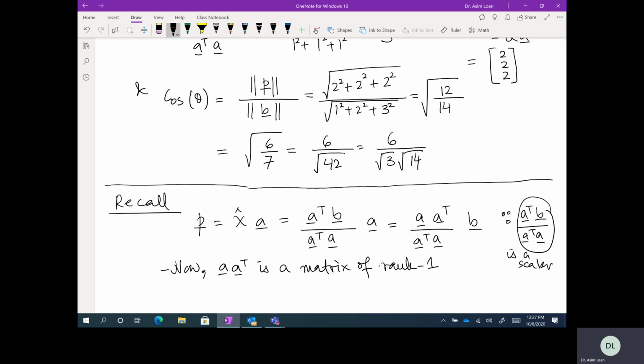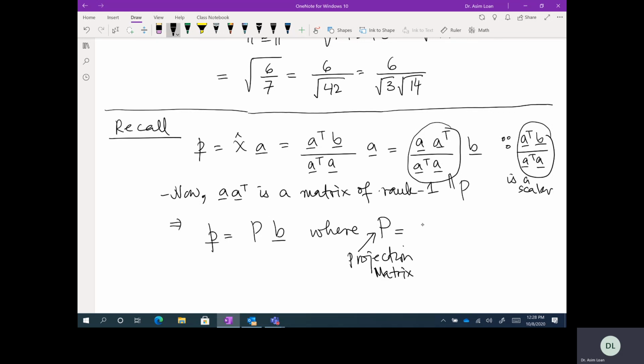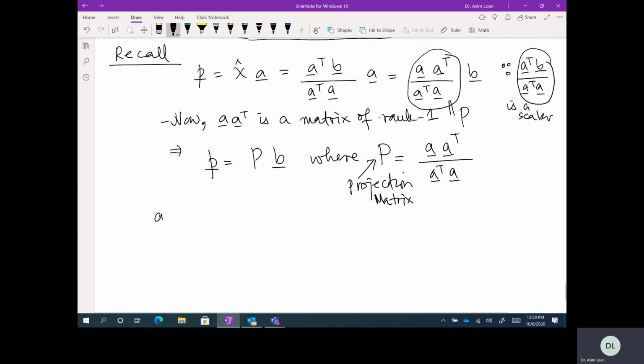This we have seen from chapter 2. So P is equal to some matrix P into B, where matrix P, which is called the projection matrix, is actually A A transpose over A transpose A. Also note P transpose is A A transpose over A transpose A, where the denominator is a scalar, so it is equal to P. So this is a symmetric matrix.